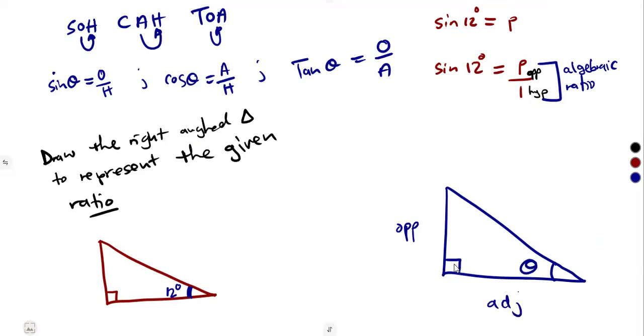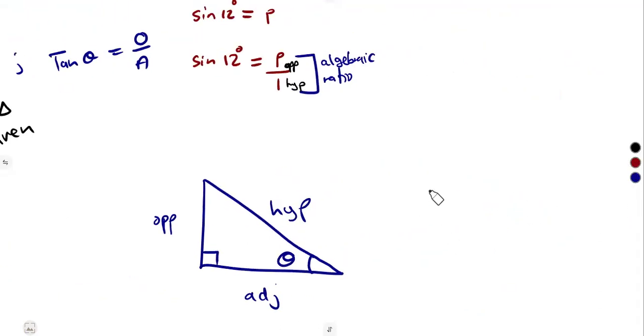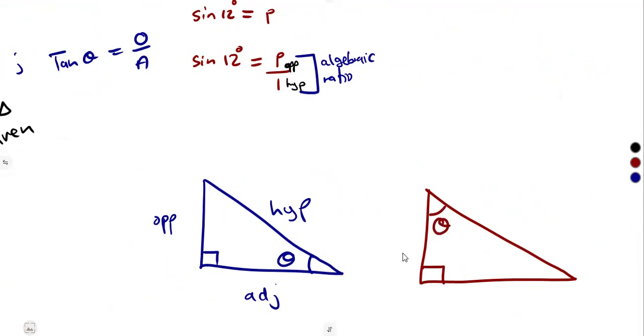And the longest side, the one facing 90 degrees, is our hypotenuse. It is because of where theta is. If you choose to represent your right angle triangle this way, and this is where you put your theta, it means it has changed. This becomes your opposite. Remember, theta is facing this side. So this will be your opposite side.